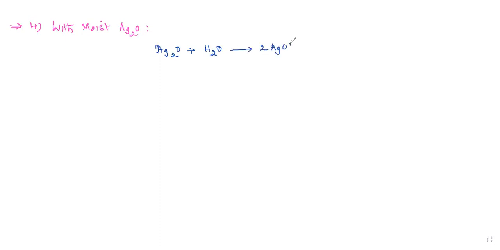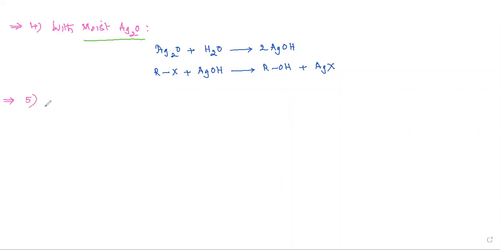We get silver hydroxide. This will now react with the alkyl halide to form alcohol. Okay, so interesting. With the dry silver oxide, we got ether. Now with moist silver oxide, we got alcohol. We have already seen two pairs: aqueous KOH, alcoholic KOH, dry silver oxide, moist silver oxide.